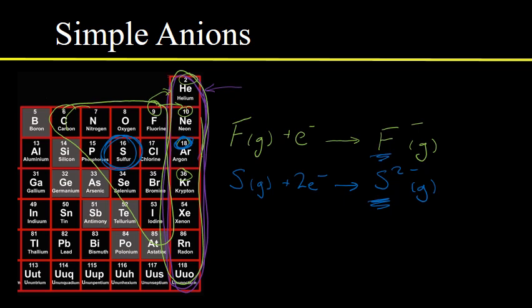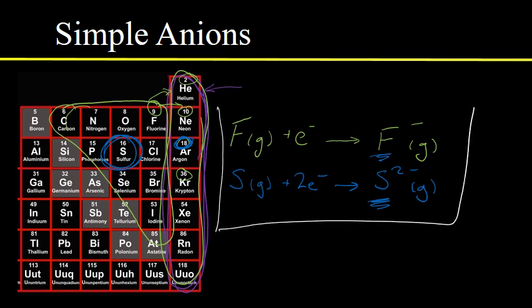For all of these ions, all of the nonmetals that form anions in this way, we can tell what the charge of the ion is going to be just by counting how many steps away it is from the noble gases. So fluorine has to gain 1 electron to have the same number of electrons as neon. Therefore, fluorine makes a -1 ion. Sulfur has to gain 2 electrons to have the same number as argon.